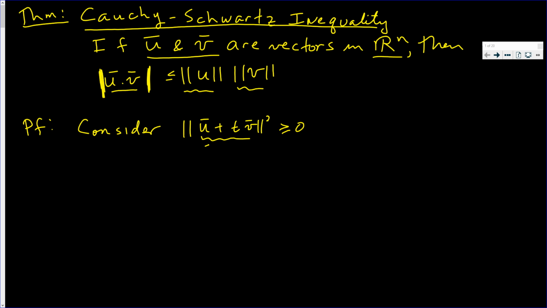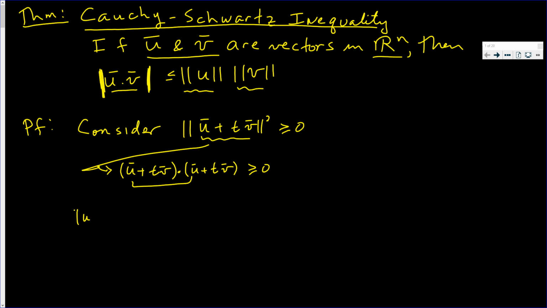But this here is the same as u plus tv dotted with itself. This is greater than or equal to 0. Now let's compute this dot product. You have u dot u.